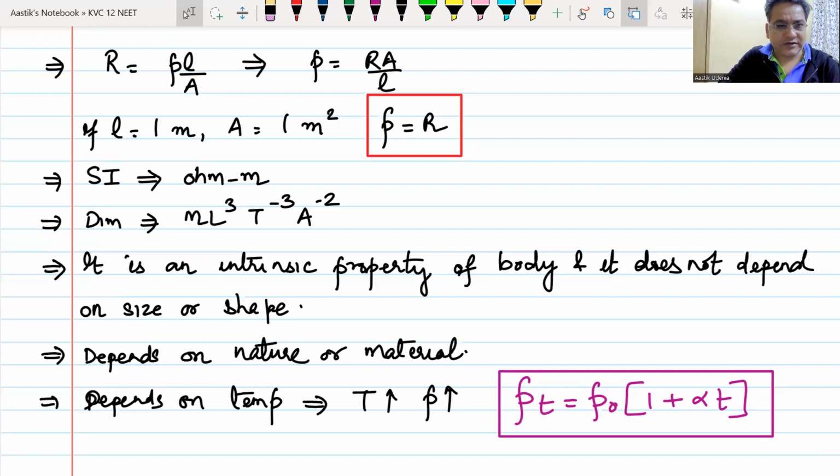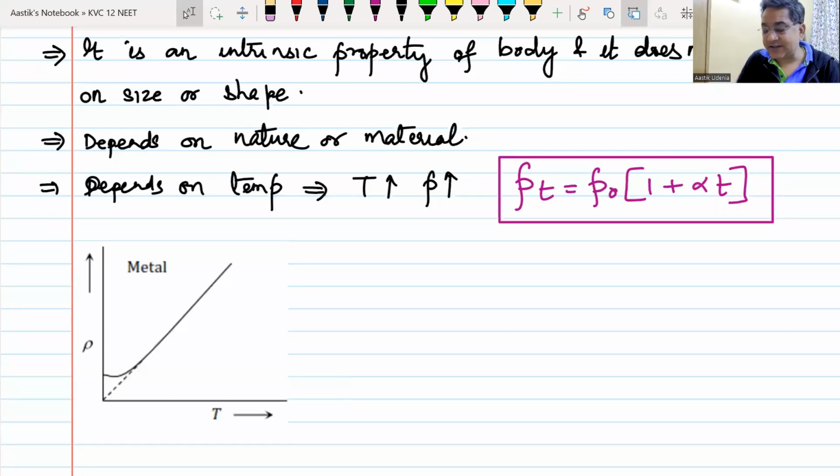Since you have noted it down, let us now move ahead. These graphs can come as a graph of resistivity versus temperature. These graphs can also come as a graph of resistance versus temperature. Do we understand this? So this is the first graph of resistivity with temperature.